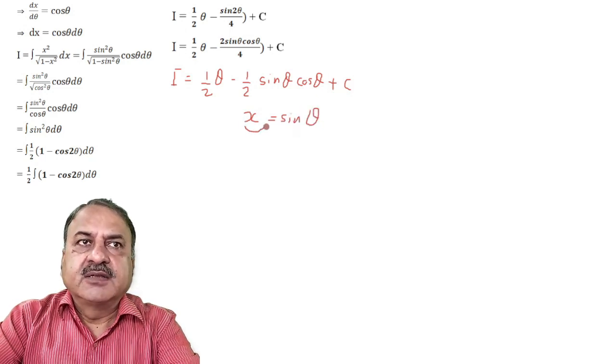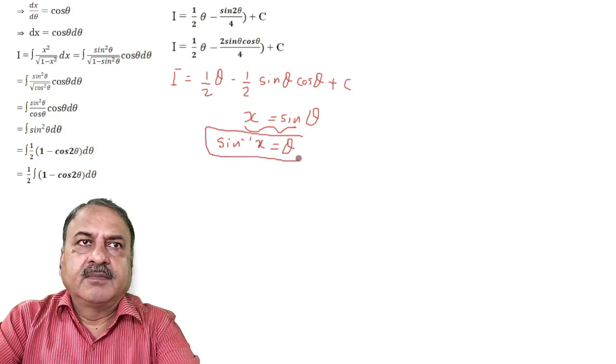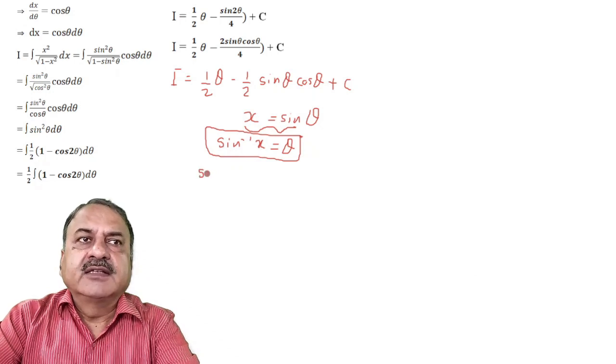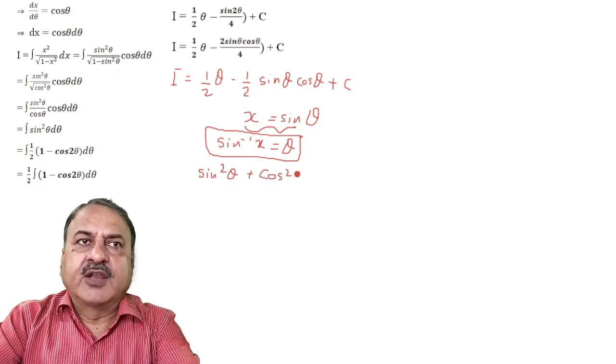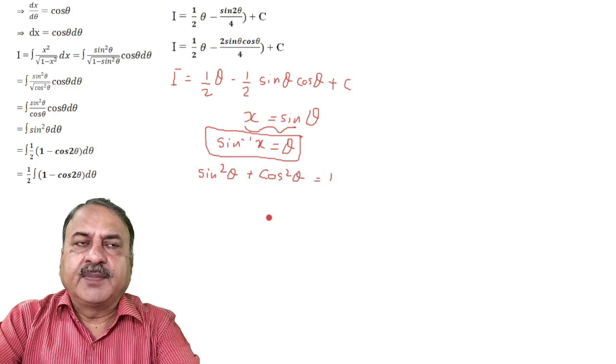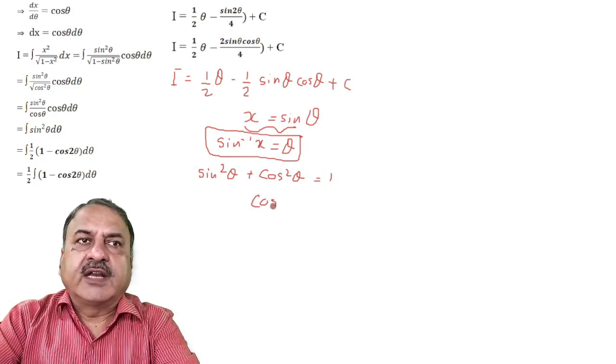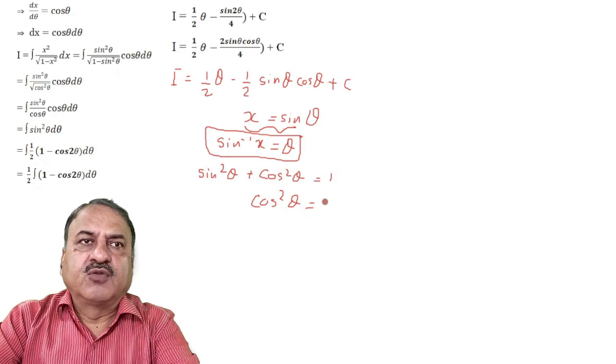It means sin inverse x equal to theta. And we know that sine square theta plus cos square theta equal to 1. It means cos square theta equal to 1 minus sine square theta.